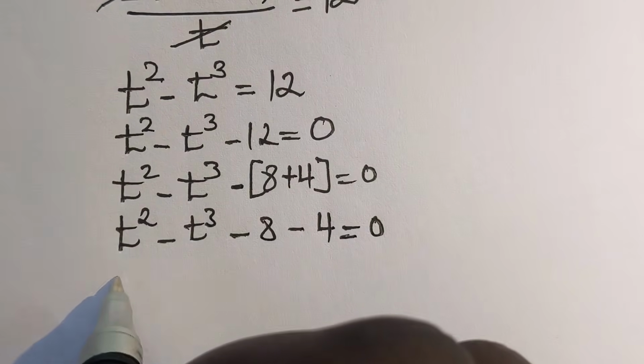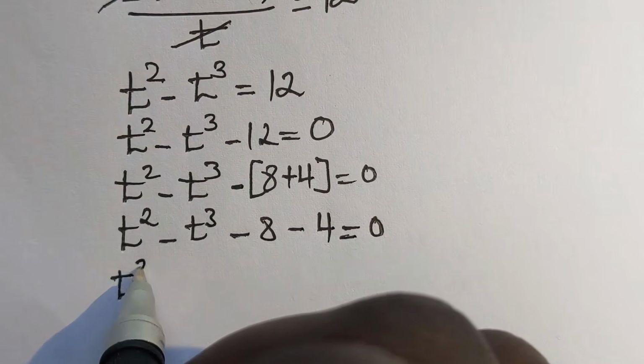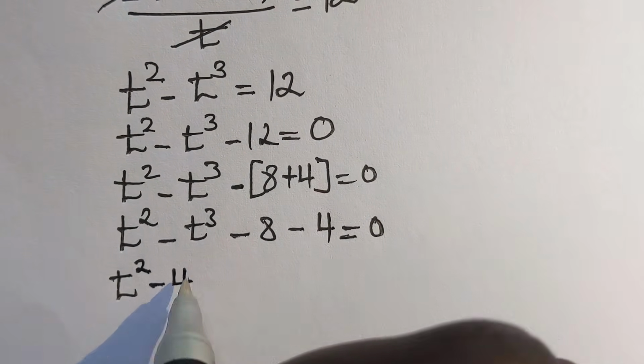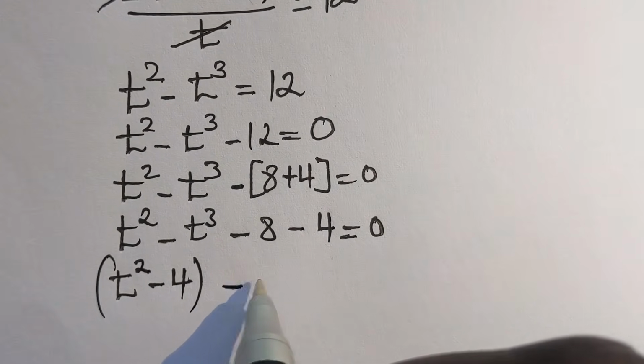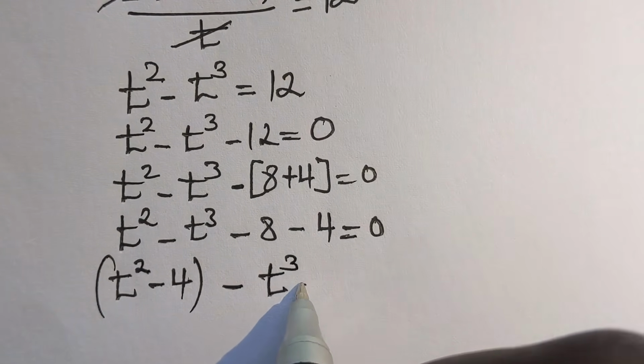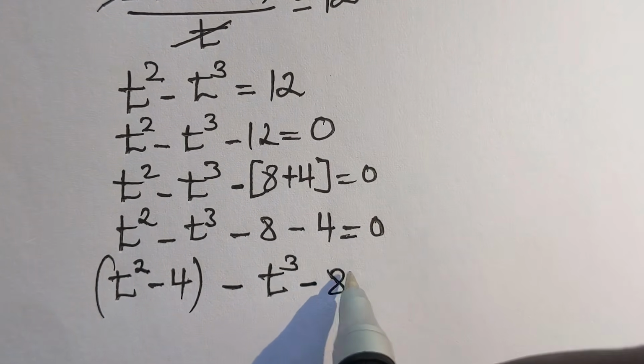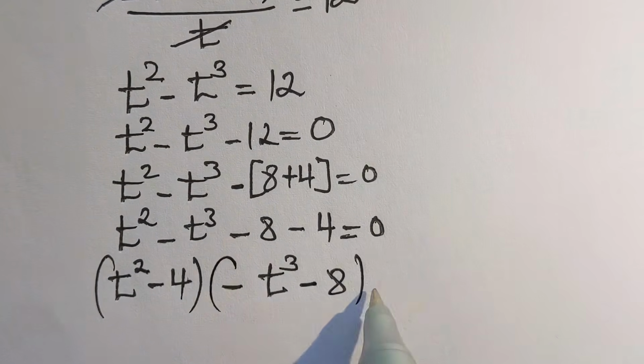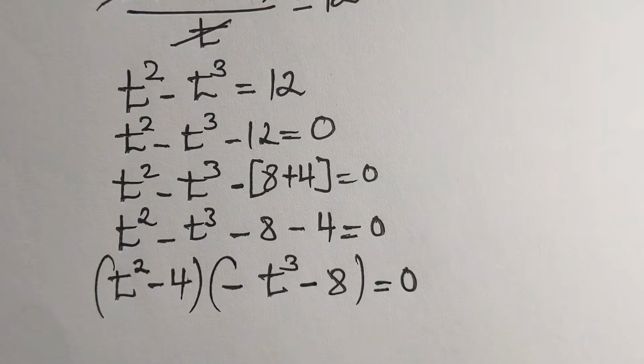So here we have T squared minus 4 minus T power 3 minus 8, which equals 0.